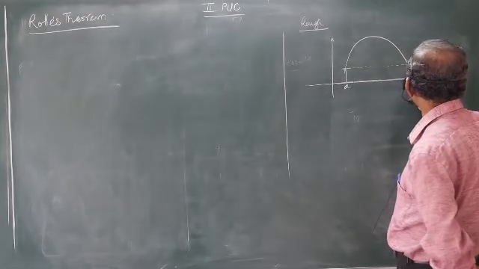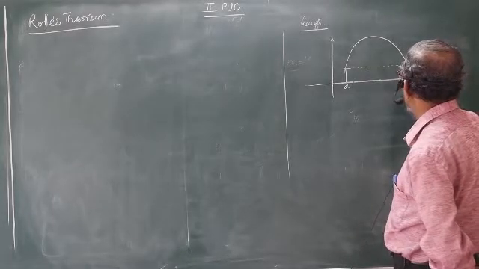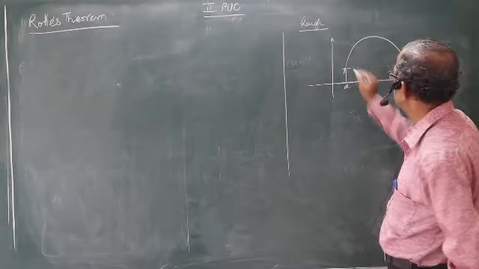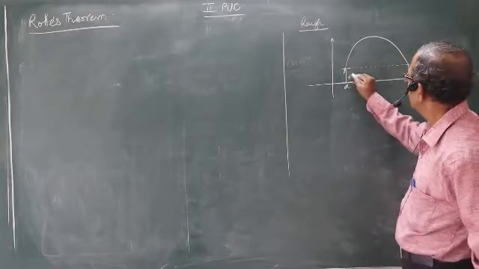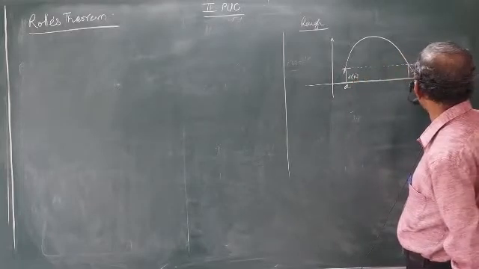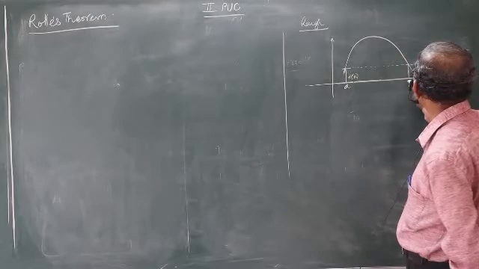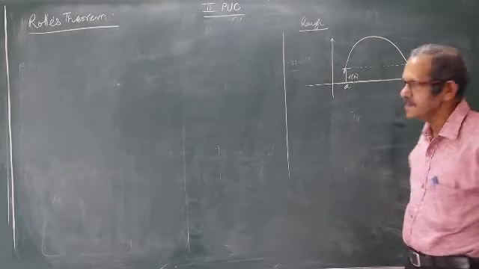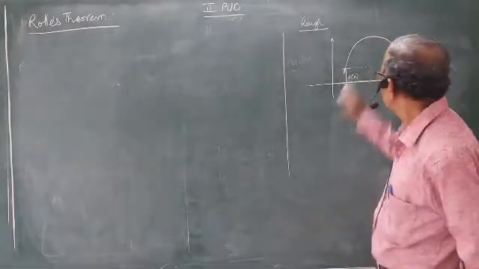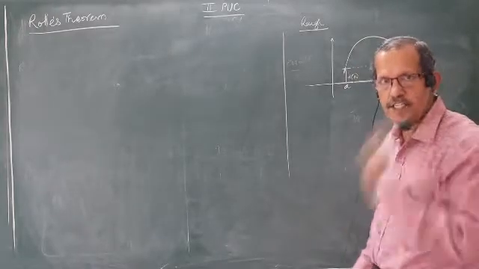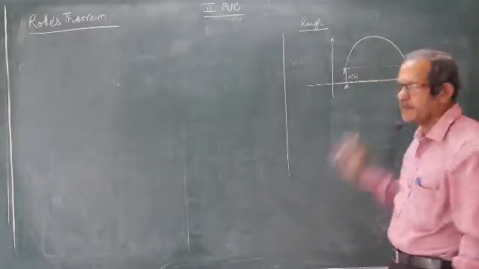See here, f of a and f of b are both equal. A particular continuous function is given in the interval ab.